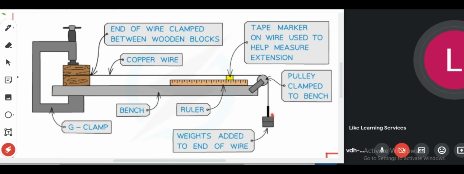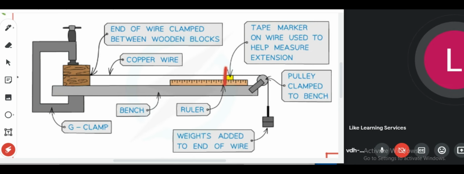For instance, before we had a particular weight, we noted the position of the tape marker on the ruler, and then we provided a weight, and of course there will be an extension, which means this tape marker will move along the ruler.